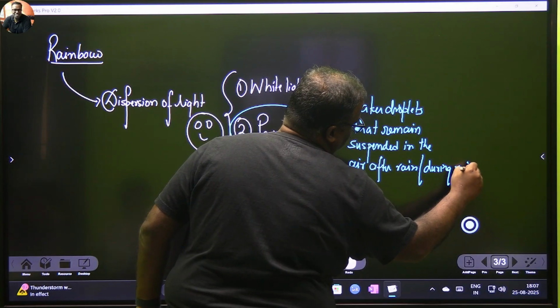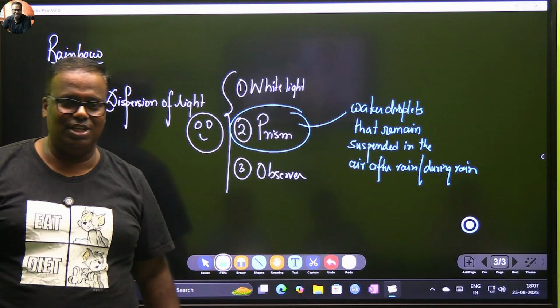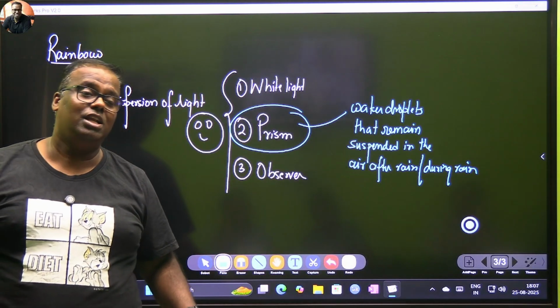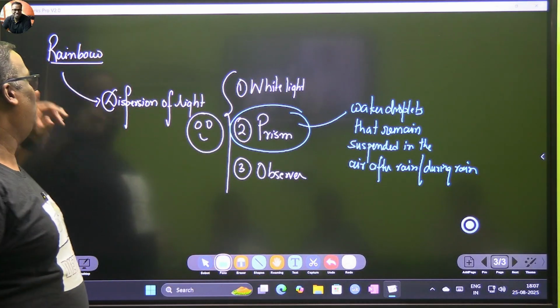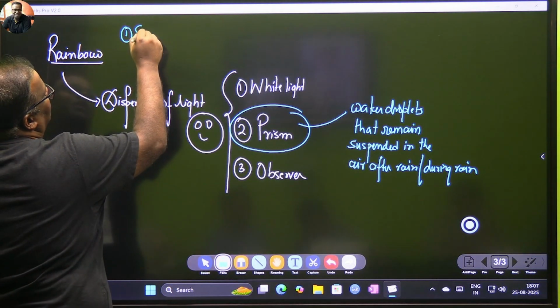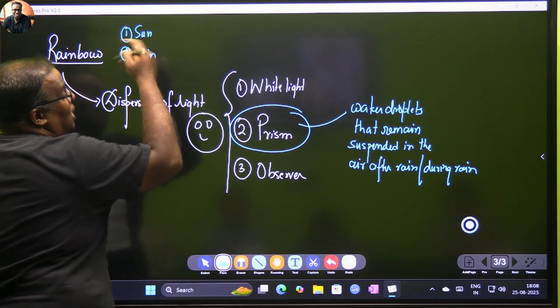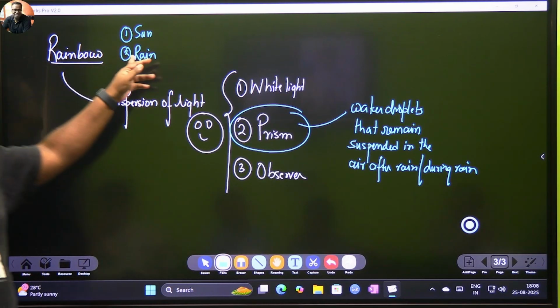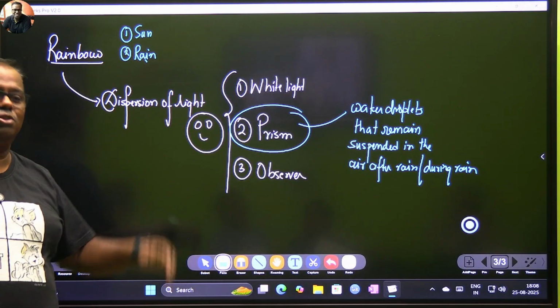Now, if it's raining torrentially, you don't expect to see a rainbow. Neither if it has not rained will you see the rainbow. That means when a rainbow is formed, the sun and the rain should always happen simultaneously. And they should not be at a very high speed, because I want the water droplets to be suspended.